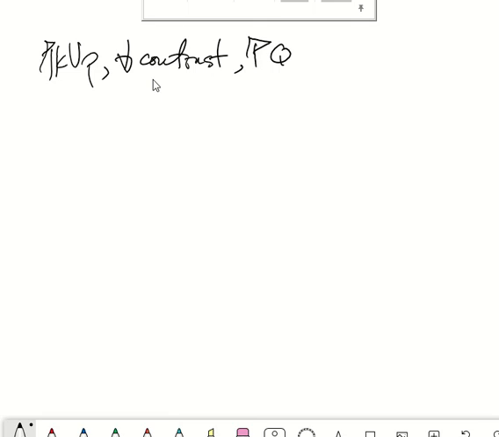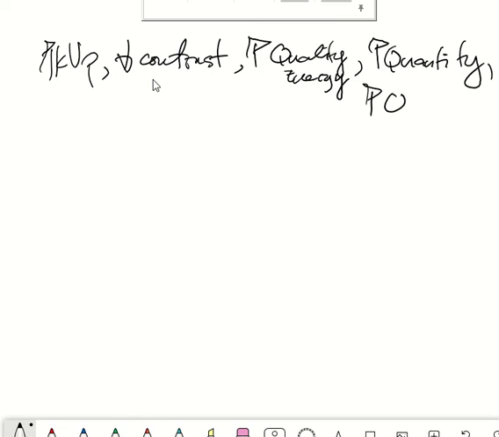Increased quality, or ito yung ating energy or penetrability. Also increased quantity or ang dami ng X-rays, and also increases optical density. It also increases energy or the penetrating ability.